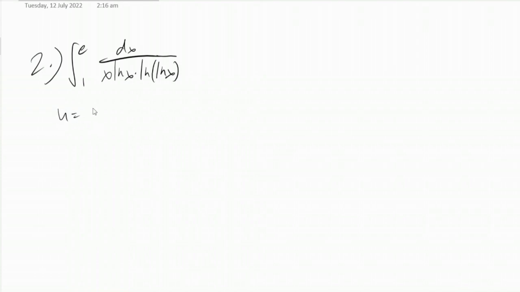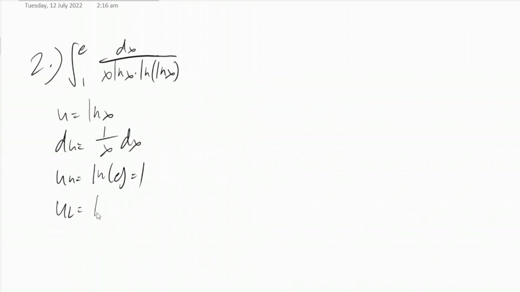We'll apply u substitution. We will use u equals ln x, and then its derivative is simply 1 over x dx. Next we will substitute the upper and lower limits. The upper limit is ln e, that is equal to 1, and the lower limit is equal to 0.